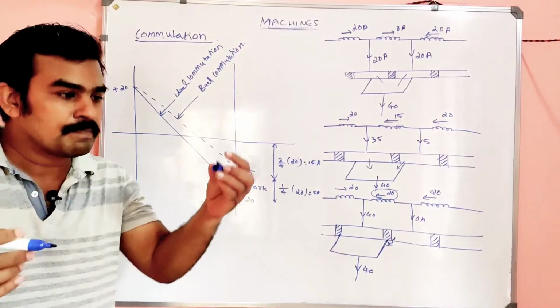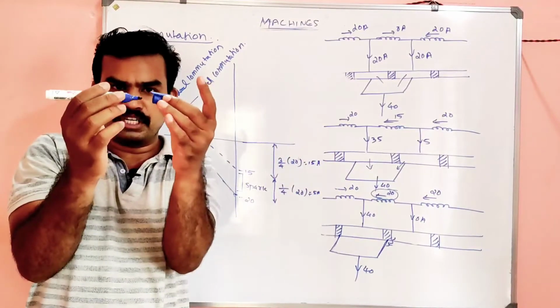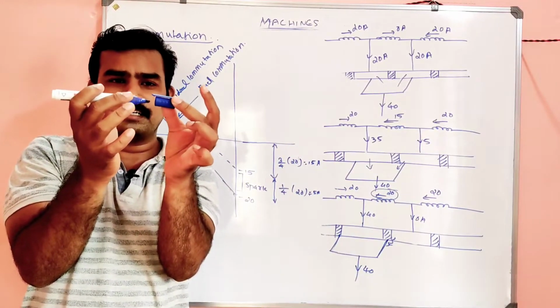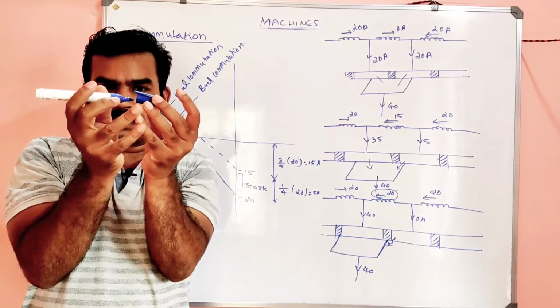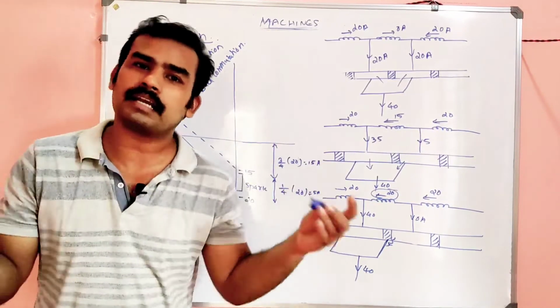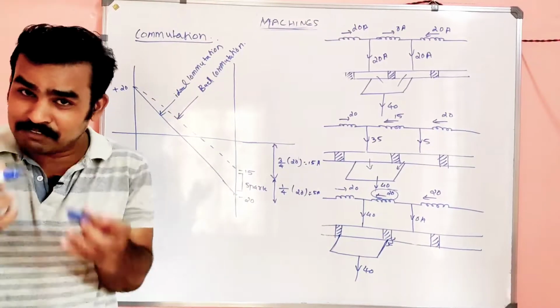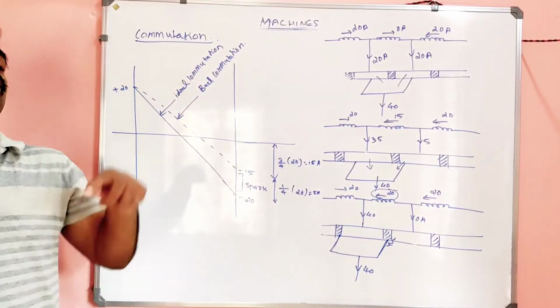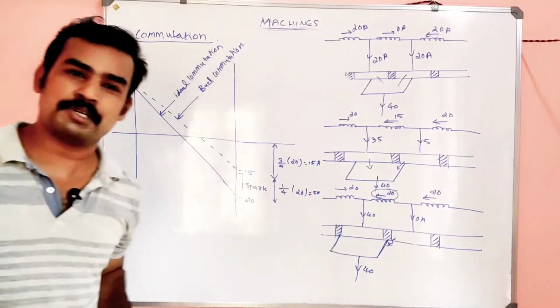You know that this is a conductive medium and this is a conductive medium. If there is a very high current and they are separated by a small distance, there will be a spark and conductivity will be there. A similar situation arises here also.